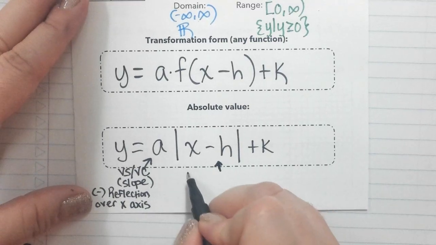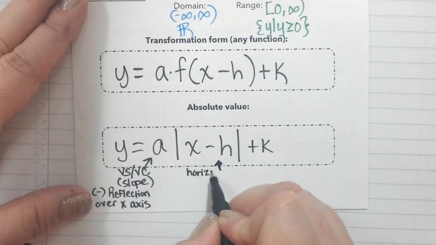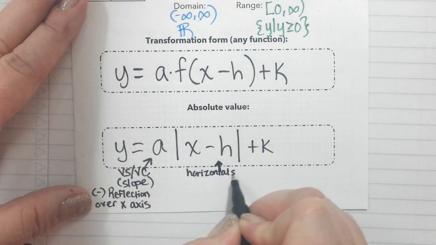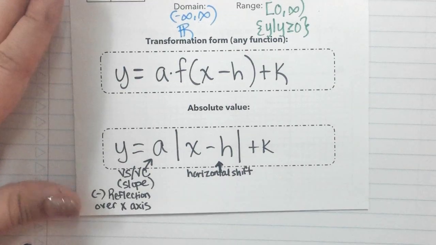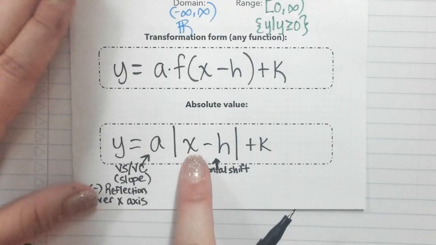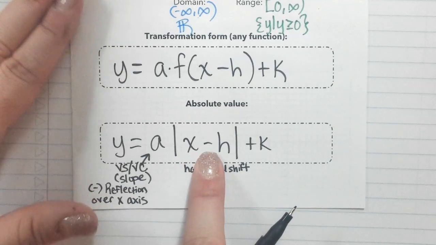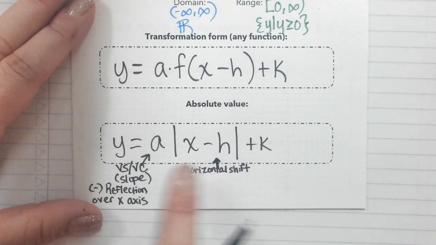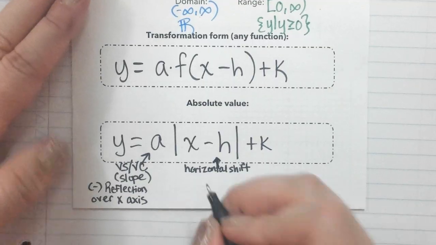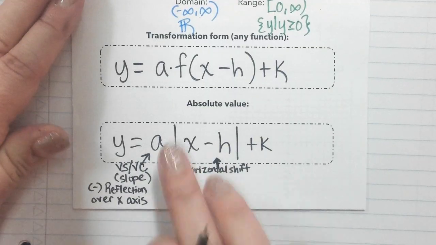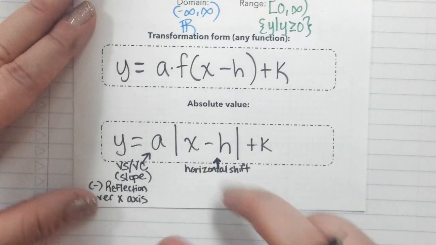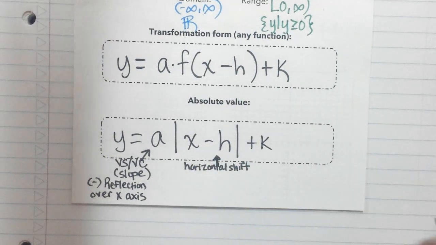And then your H is your horizontal shift. Moves left to right, right? However, because it's got a minus sign in the transformation form, the value of H is going to move your function opposite to what would make sense.